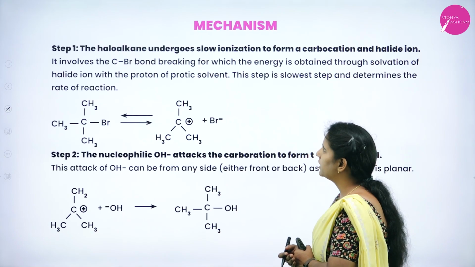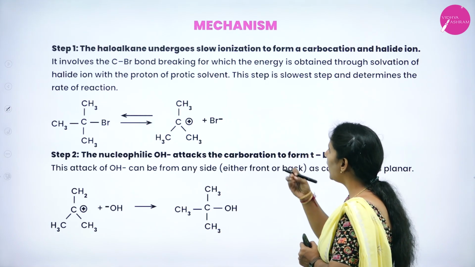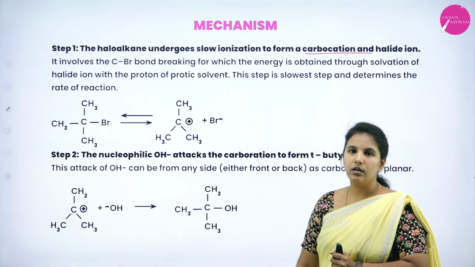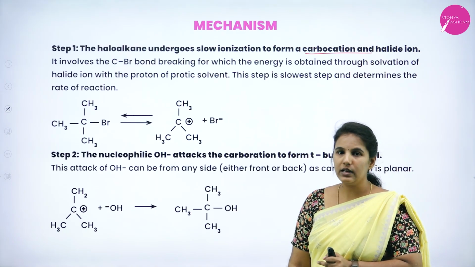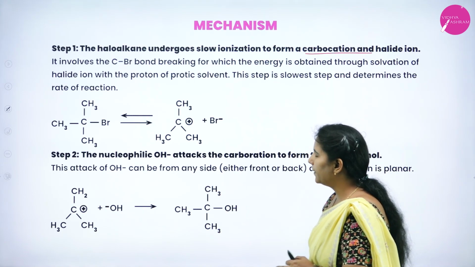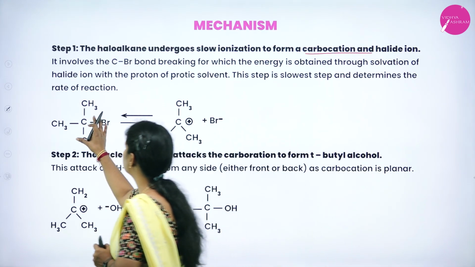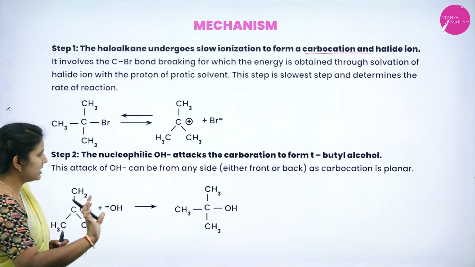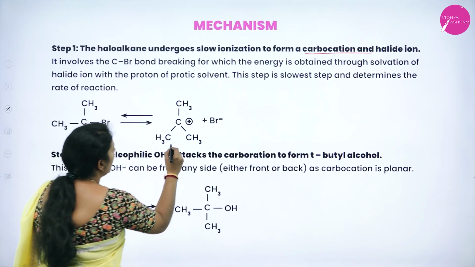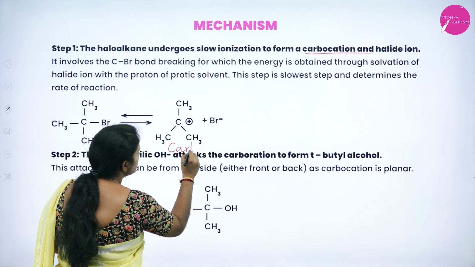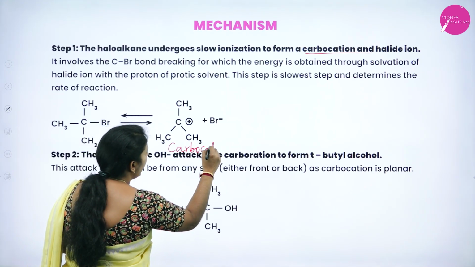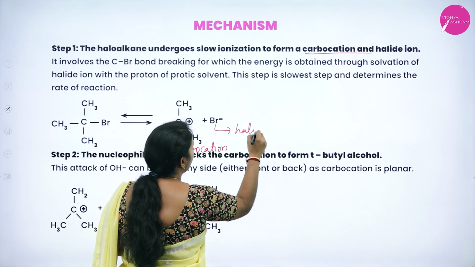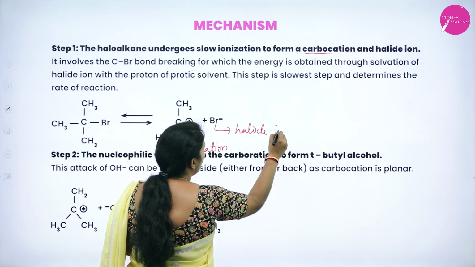The haloalkanes undergo slow ionization to form a carbocation and a halide ion. So what happens? In the first step, this is my tertiary butyl bromide, which undergoes slow ionization to form a carbocation and a halide ion.